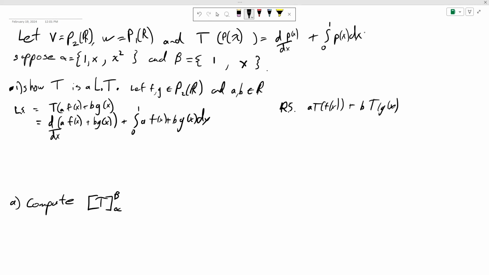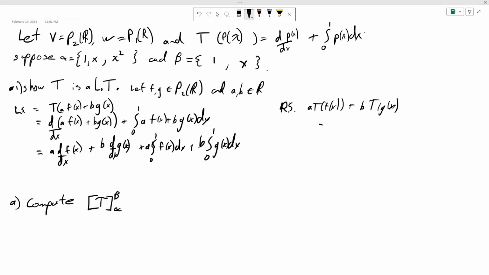And we're going to distribute our integration and derivative operators over these operations, giving us A d by dx of f of x plus B d by dx of g of x plus A times the integral from 0 to 1 of f of x with respect to x plus B times the integral from 0 to 1 of g of x dx.